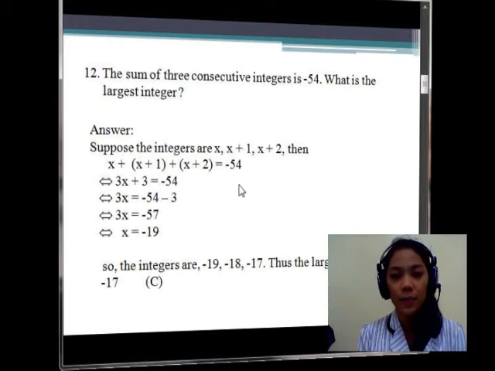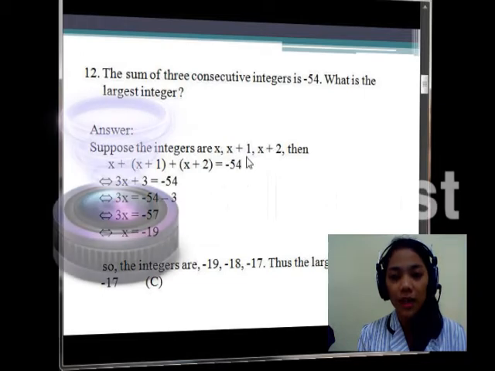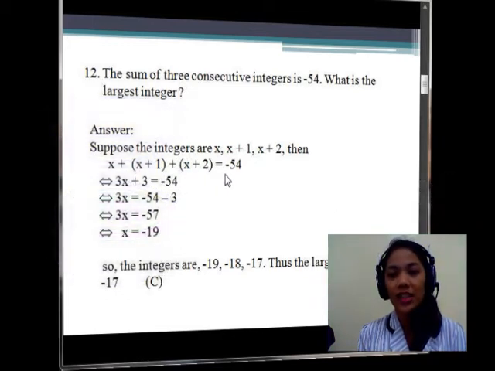Question number 2. The sum of three consecutive integers is negative 54. What is the largest integer? Suppose that the integers are x, x plus 1, x plus 2. Then x plus x plus 1 plus x plus 2 equals negative 54.